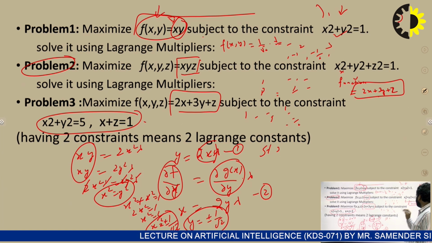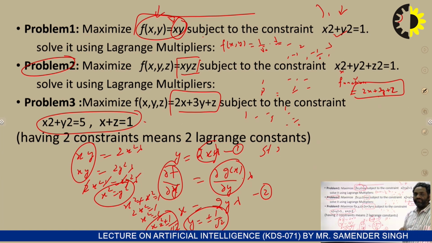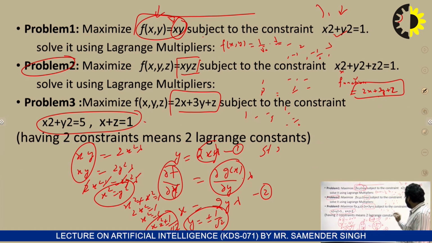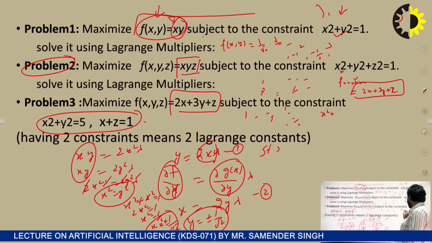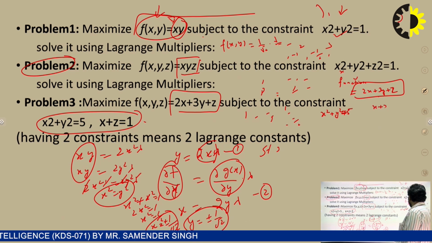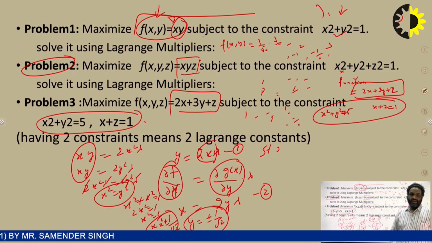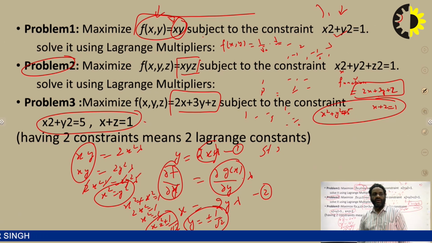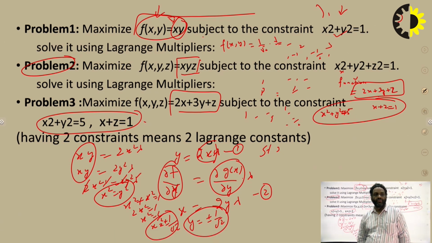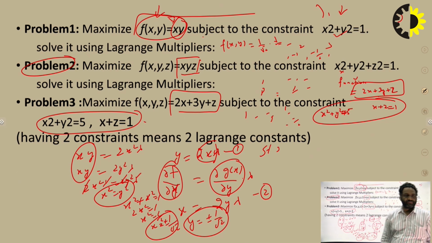So this is our objective function, and we have two constraints, that is x square plus y square equal to 5, and second is x plus z equal to 1. That means we have more than one constraint, and in the previous two problems we had one.